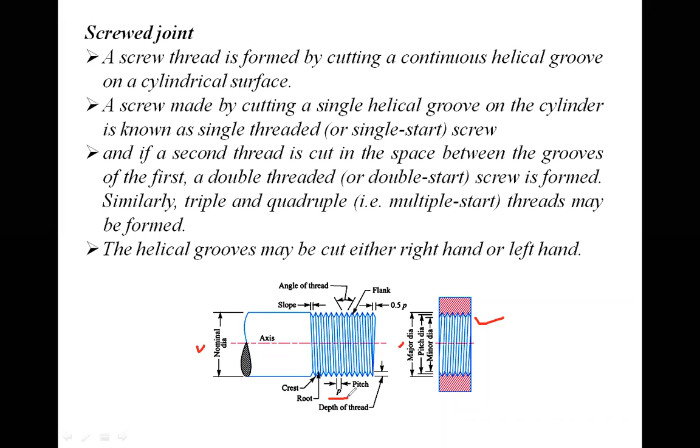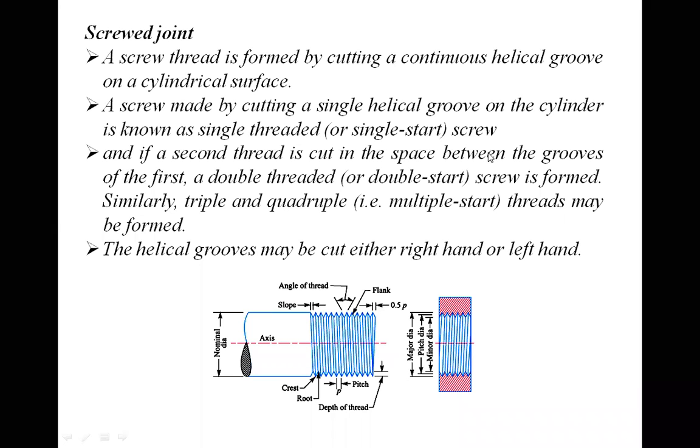We know the other nomenclature like helix angle, depth of the thread, root, crest, etc. So that already we have studied in our machine design, machine drawing. Okay. So as far as syllabus is concerned, we are interested in the design procedure.